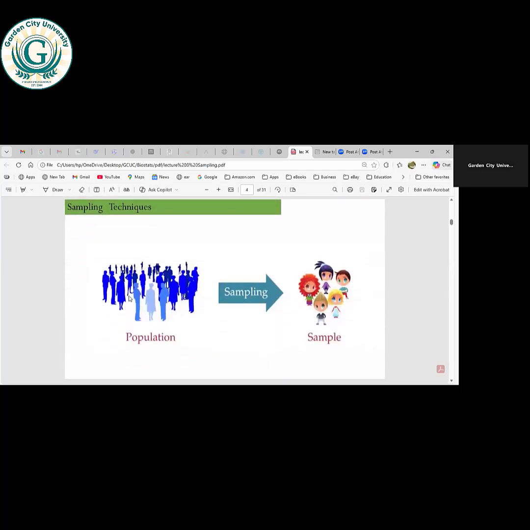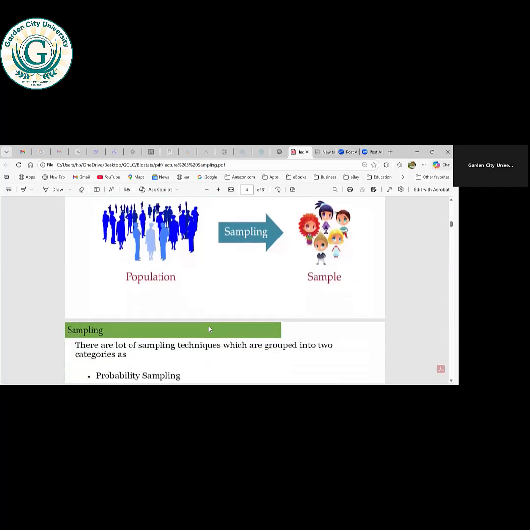So there is a population, and we go through sampling. After going through the sampling, we derive our sample. So sampling is the process that we use to get our sample.